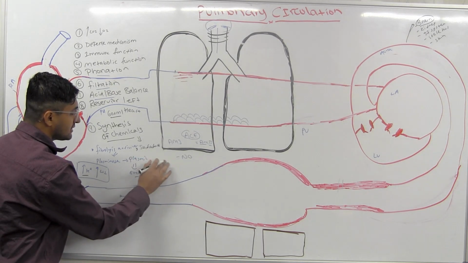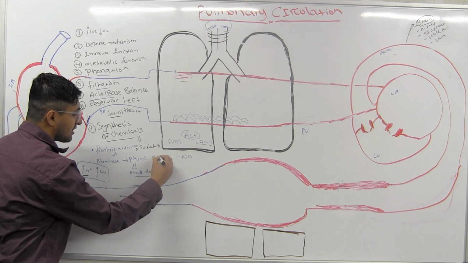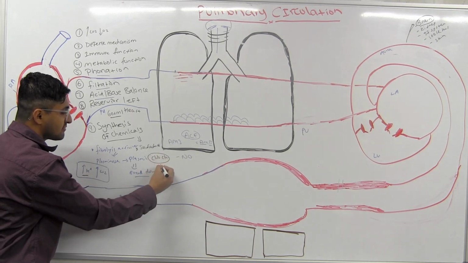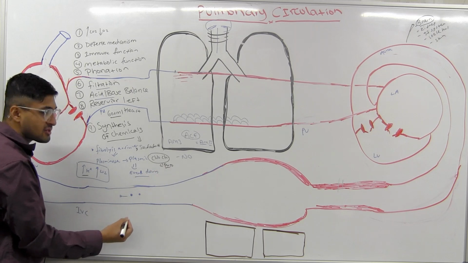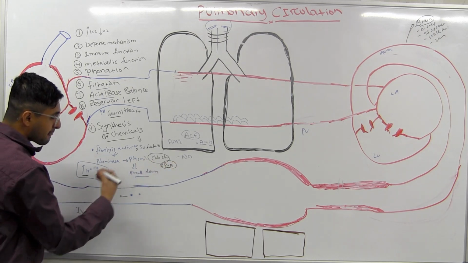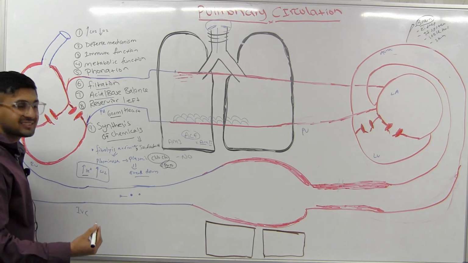They also have, if you remember, cells like Clara cells in the respiratory bronchioles, and these have important P450 types of enzymes, which are very important for detoxification. They also play that role. Also, some of the endothelial cells produce histamine.